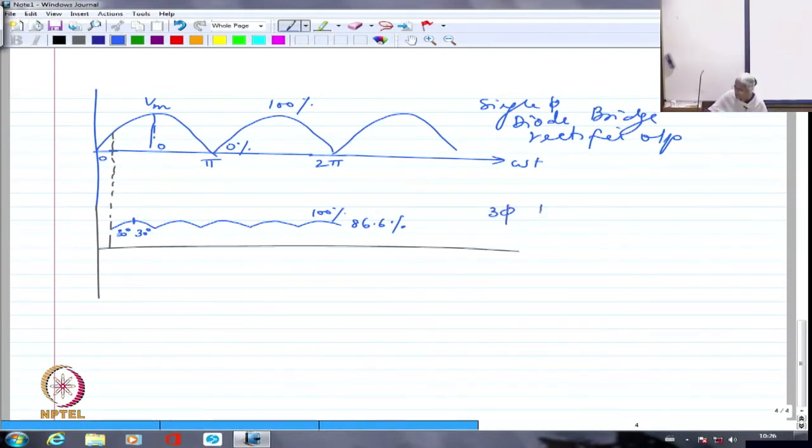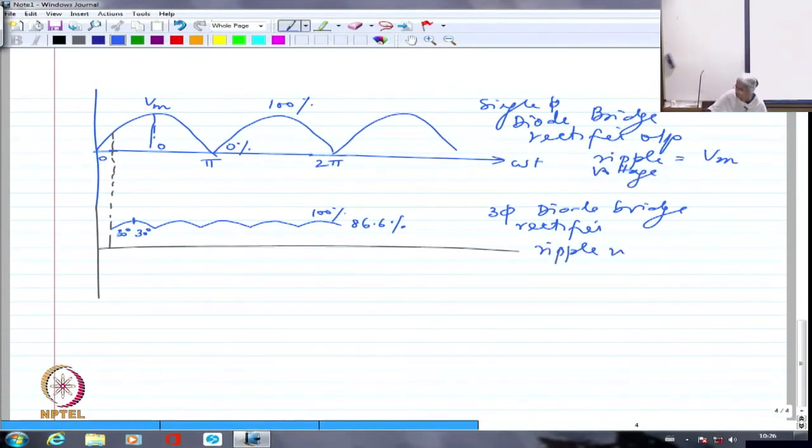So here the ripple voltage is equal to 100% minus 86.6% of Vm.